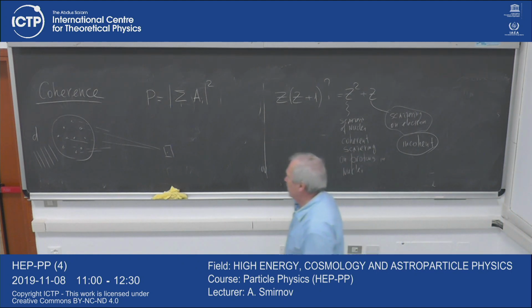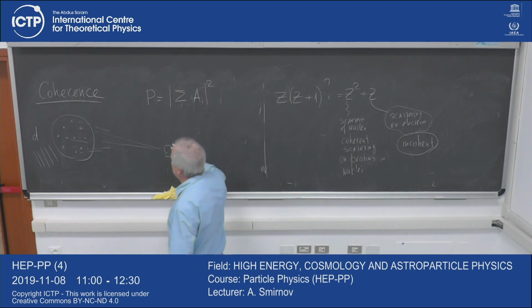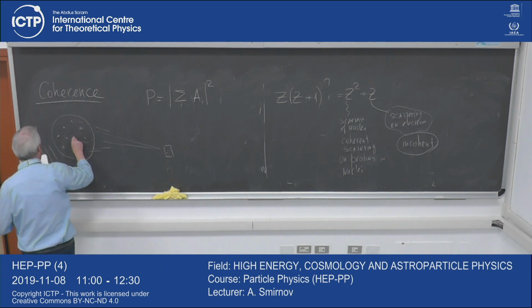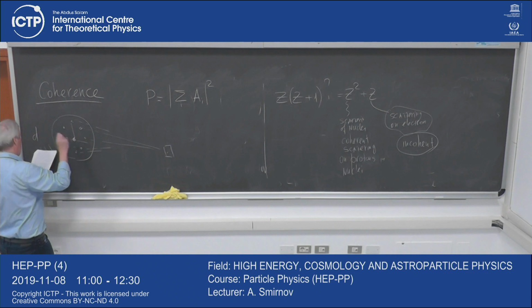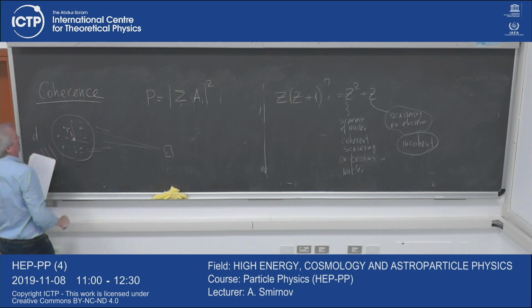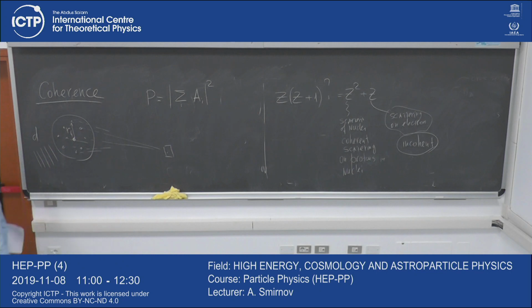So we find the amplitude of scattering on individual elements here, and I can introduce here, say, R_i, the radius, coordinate, and so I need finally to find this modulus square of the sum.